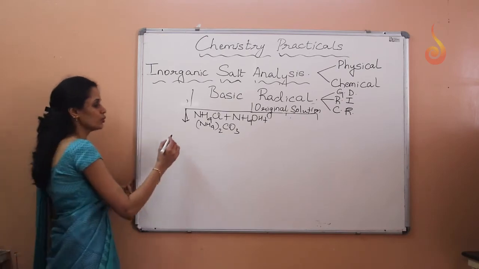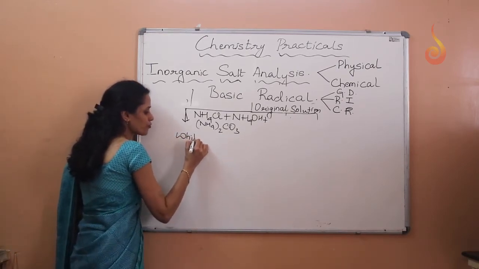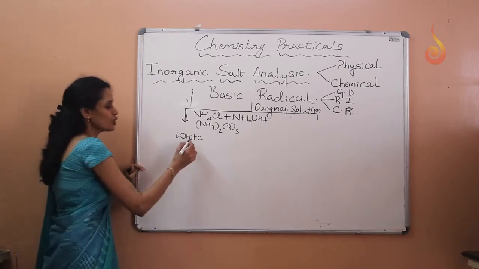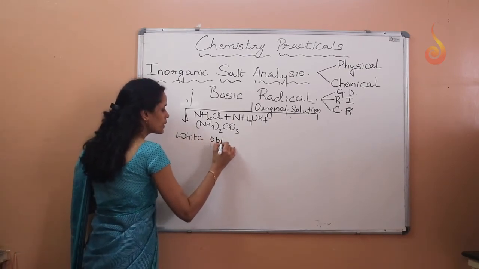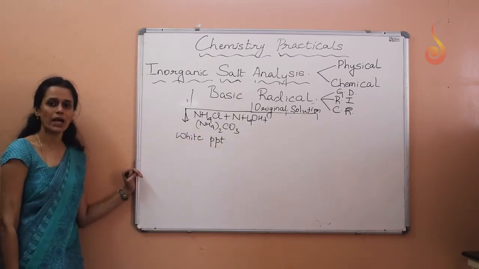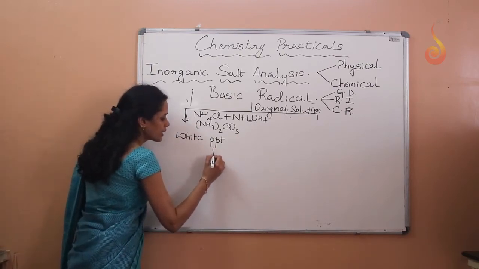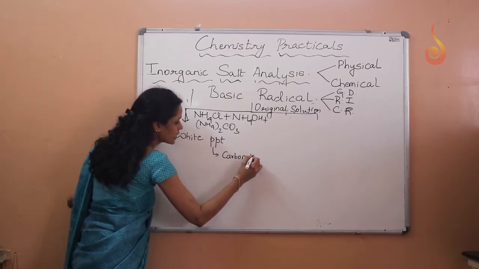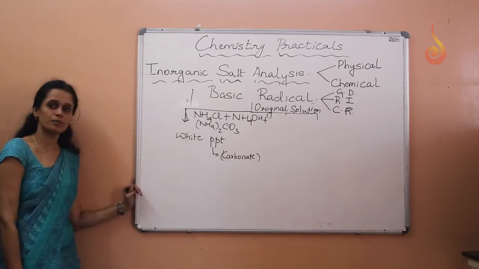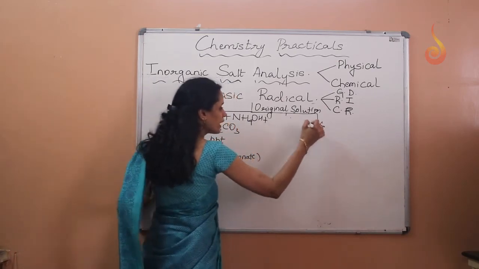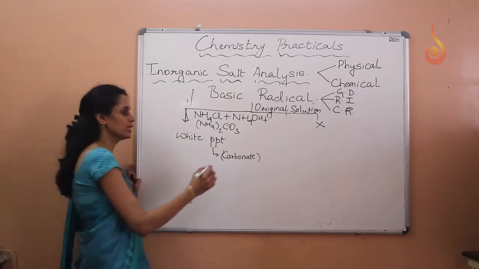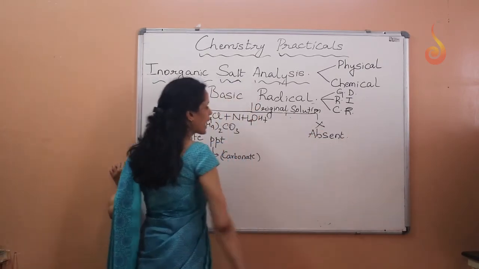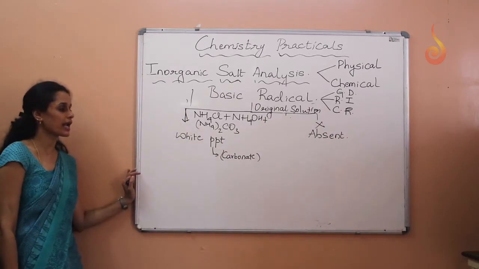If we have fifth group basic radicals, we observe a white color precipitate, and these precipitates are nothing but carbonates. Suppose we don't observe any white precipitate, then fifth group basic radicals are absent.